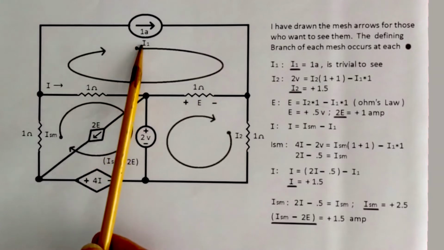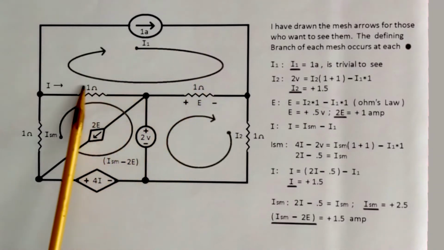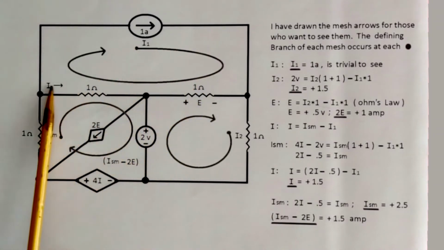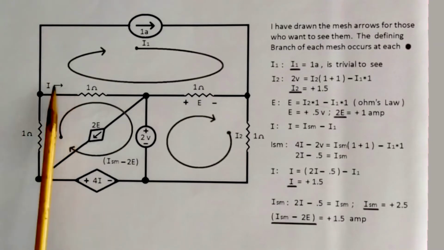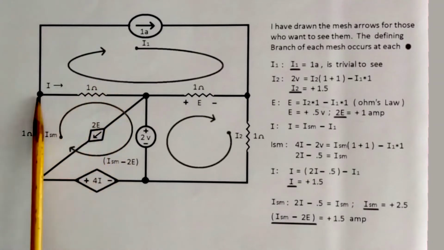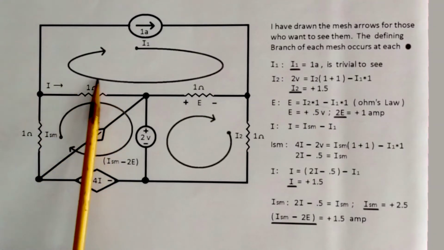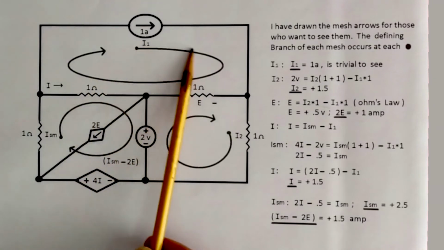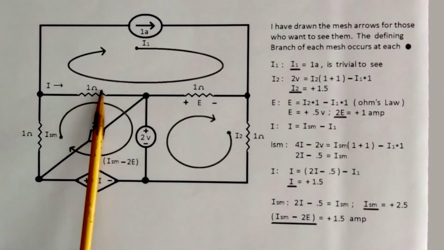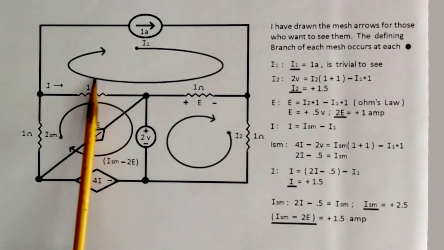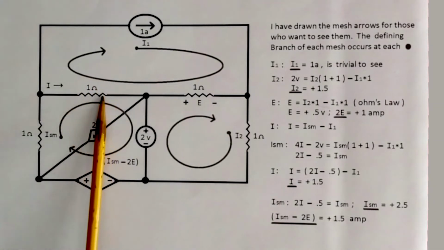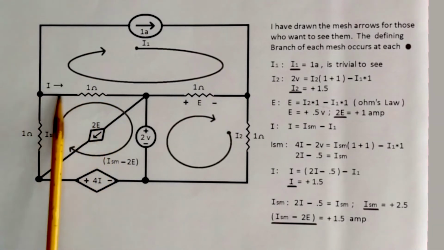If we look at the I1 mesh, we might think, oh, well, I1 is entering and then exiting. Wait a second here. Even though I is a label, we also have the super mesh current going through the 1 ohm resistor here. So there's no way that I1 is a branch current that defines a branch current in the 1 ohm resistor entering the node.